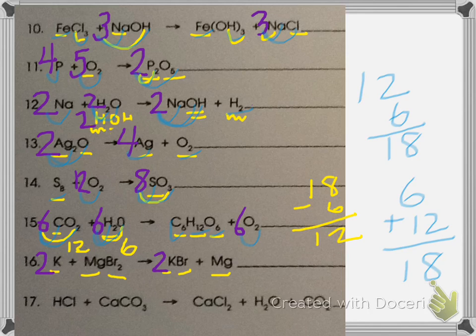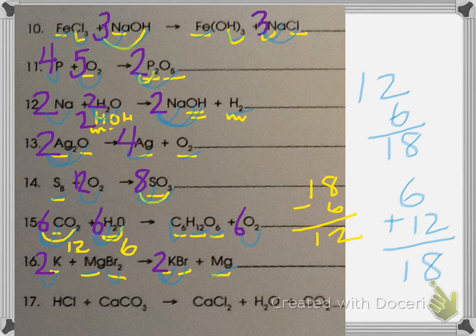I think I'm balanced. 2, 1, 2, 1, lowest whole number ratio of coefficients. Checking now, 2 potassiums, 2 potassiums. 1 magnesium, 1 magnesium, 2 bromines, 2 bromines. So it is balanced properly.